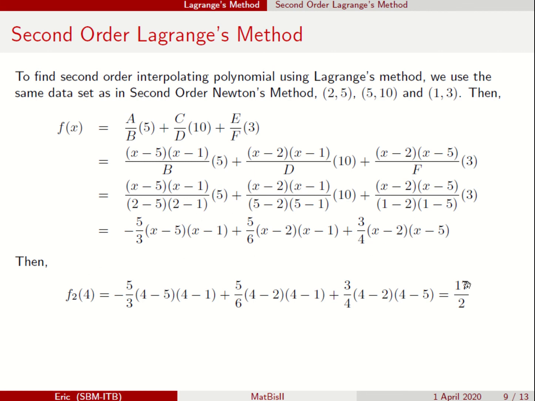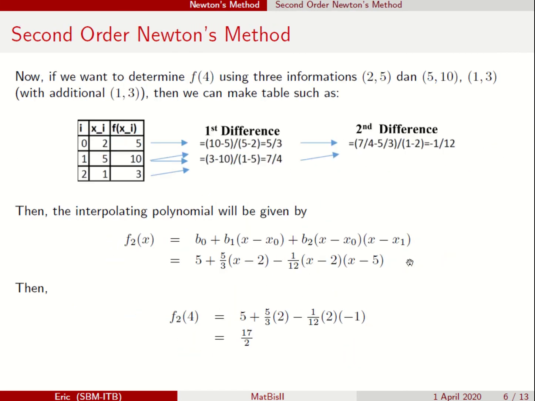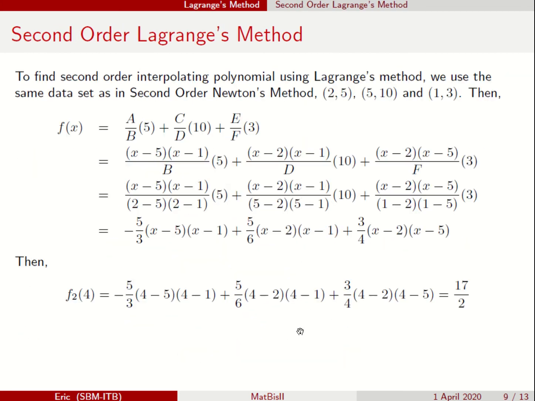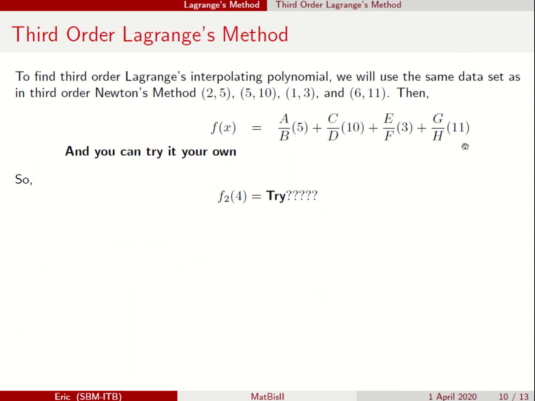And this is the approximation 17/2. This is the same as the Newton's method 17/2. Okay, yeah? And we can look at the third order, the same technique as before. You can try it on your own.